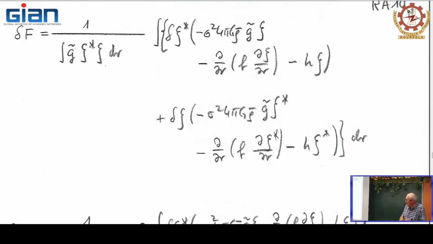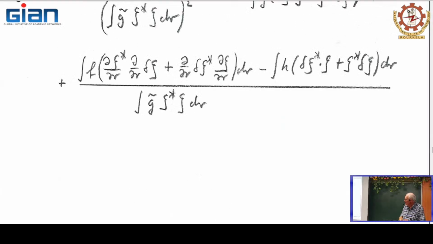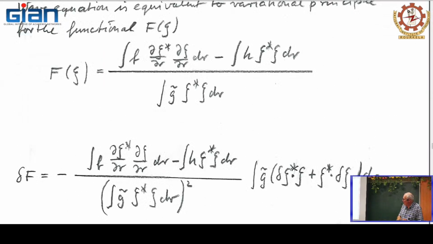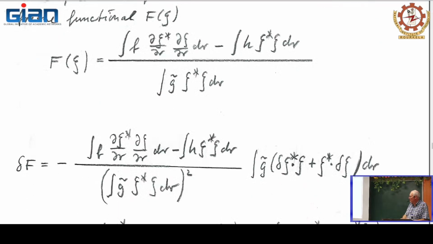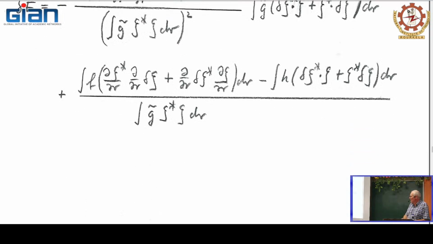So delta f equal to 0 means the variation of f vanishes. F was a functional, so this means the minimum of f with respect to the variation of the functions on the right-hand side under the integral. Vanishing variation of the functional is equivalent to having a solution of the differential wave equation.